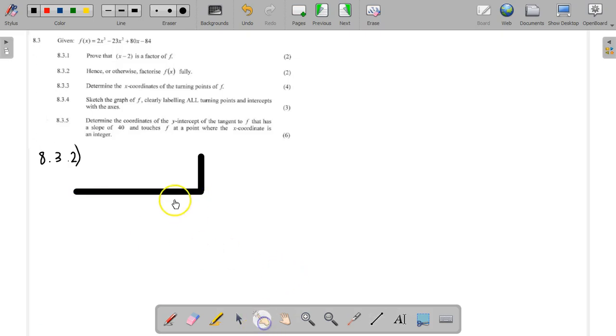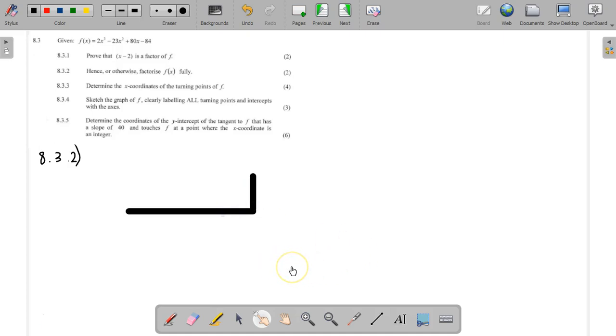So I'm going to move this. Let's go there. Right. Now, I draw a backwards L, and then the next step is to write the coefficients of the cubic curve in the L. So I'm going to write 2, that's my cubic value, minus 23, 80, and looks like I might need a little bit more space here.